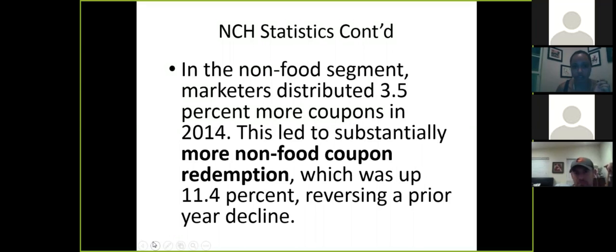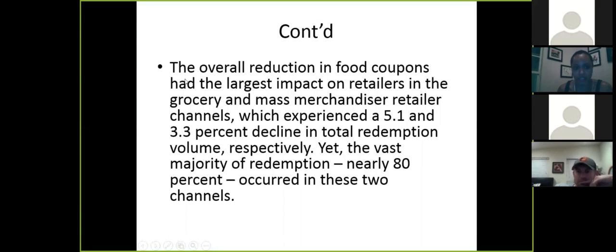Okay, continued with the NCH stats. In the non-food segment, the marketers distributed 3.5% more coupons in 2014, which led substantially to non-food coupon redemption, which was up 11.4%. So it was reversing a prior year decline. Let's continue here. The overall reduction in the food coupons had the largest impact on retailers in the grocery and mass merchandiser retail channels, which experienced a 5.1 and a 3.3% decline in the total redemption volume, respectively.